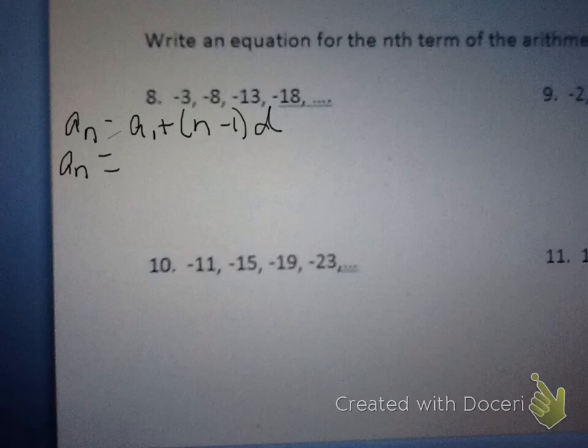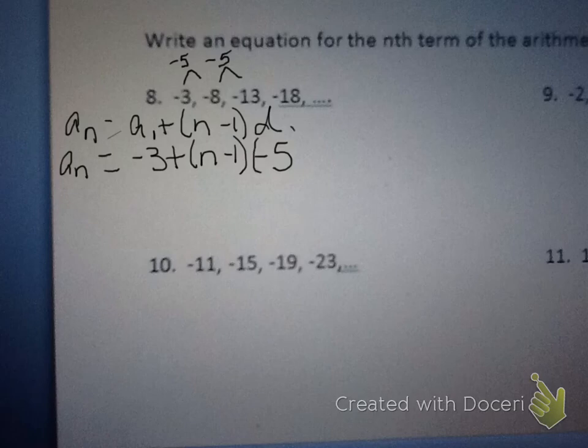Our a sub 1, our first term, is negative 3 plus n minus 1 d. Now we have to calculate our d. From negative 3 to negative 8, I had to subtract 5. From negative 8 to negative 13, I had to subtract 5. So I'm going to have to subtract 5. Now if you just put minus 5 like that, it looks like you're subtracting 5. You're not subtracting 5, you're multiplying by a negative 5. So we have to put it in parentheses.